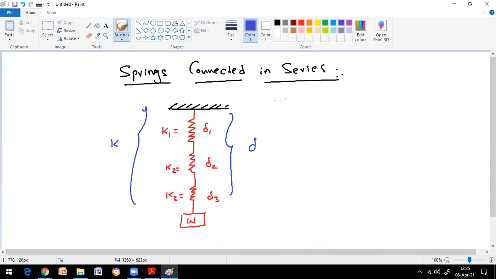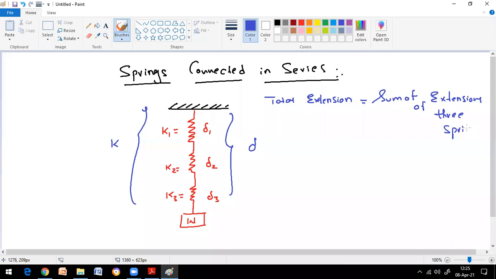How can I represent this? Total extension, or total deflection, or total deformation, you can call it in any way. Total extension is equal to the sum of the extensions of three springs, isn't it?